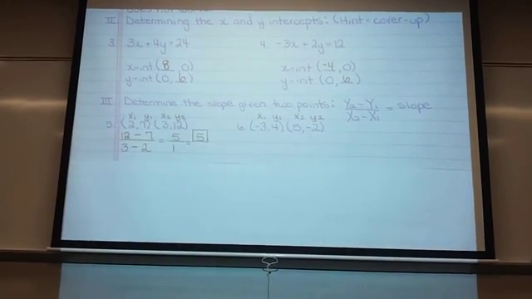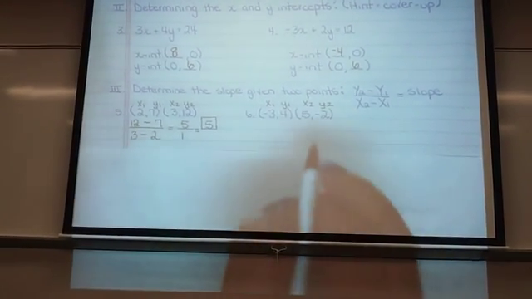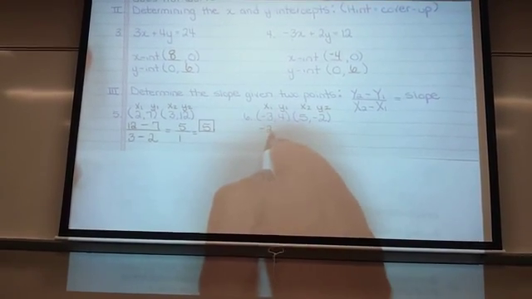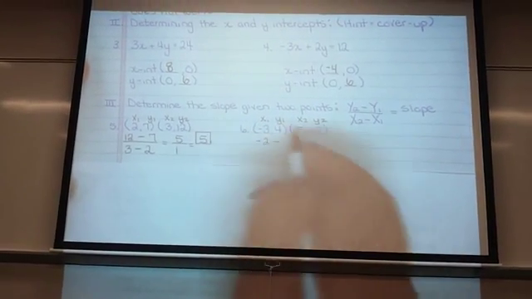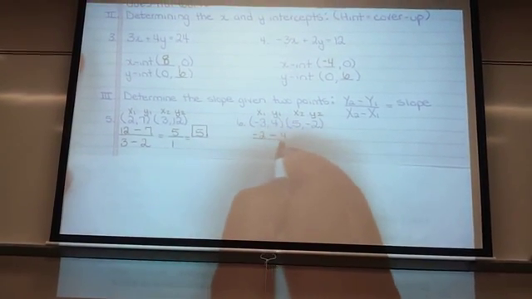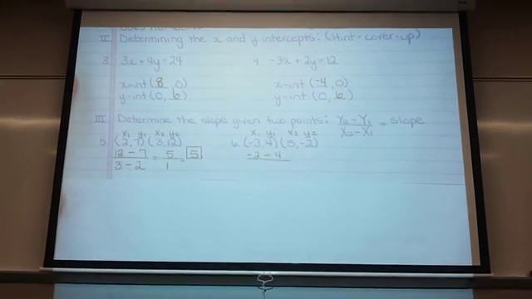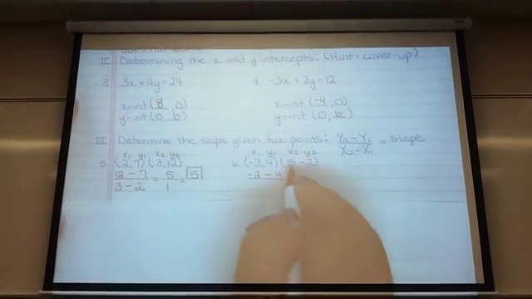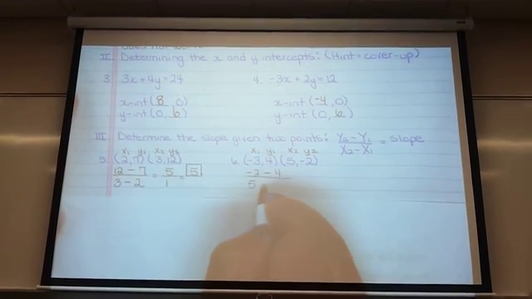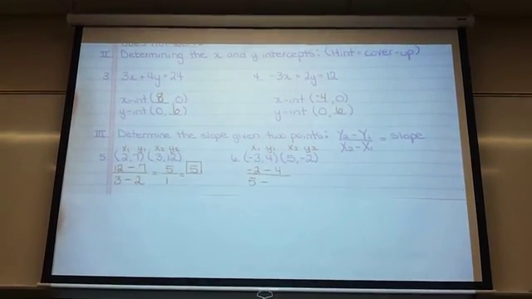And then number 6, again, just plugging into the formula. My y2 is negative 2 minus my y1 is 4, all over, now this part you do need to be careful with. My x2 is 5. Copy your minus sign, and what's your x1?